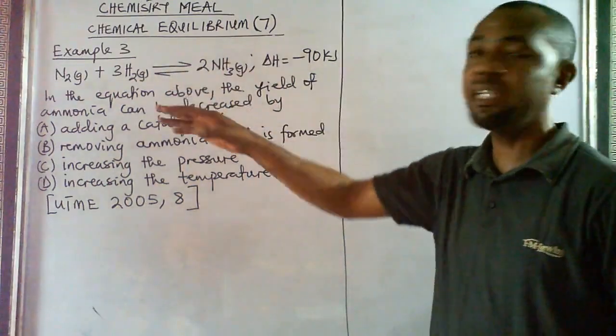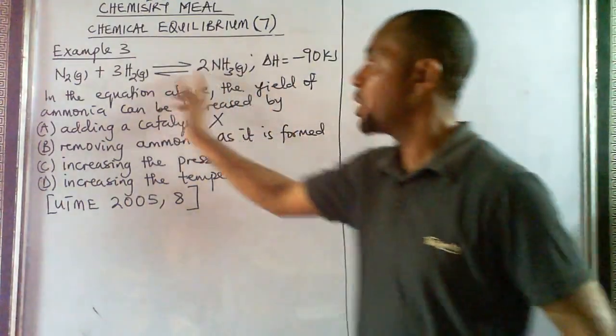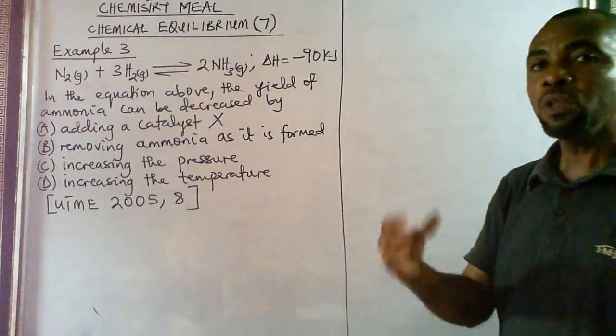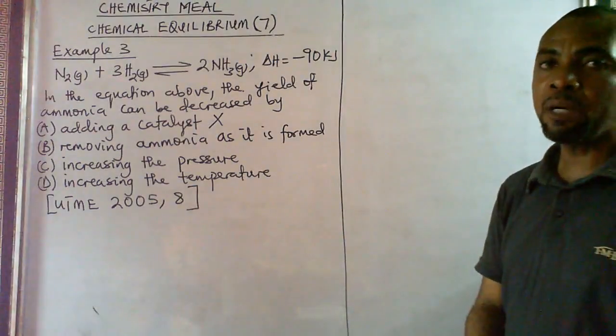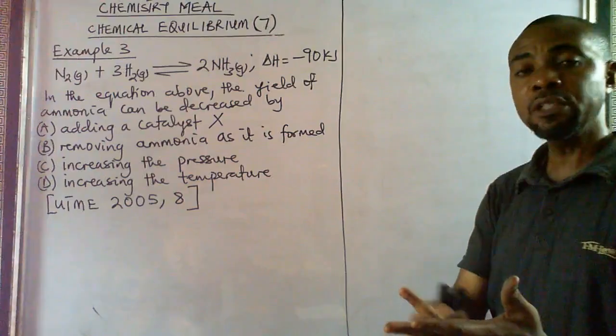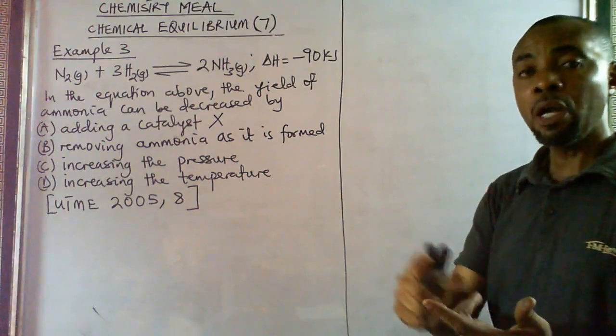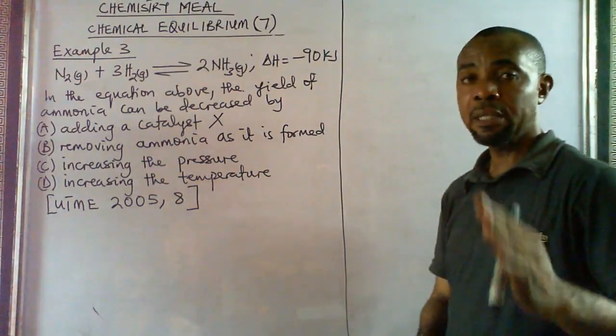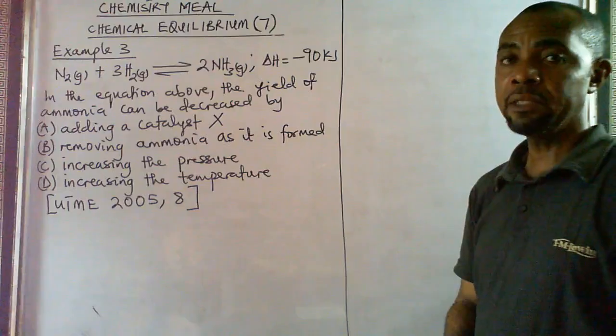So we ask ourselves, what and what will favor the backward reaction? Remember, there are 3 factors that we consider: concentration, temperature, and the what? And pressure.